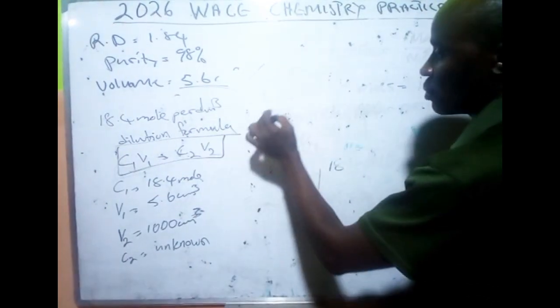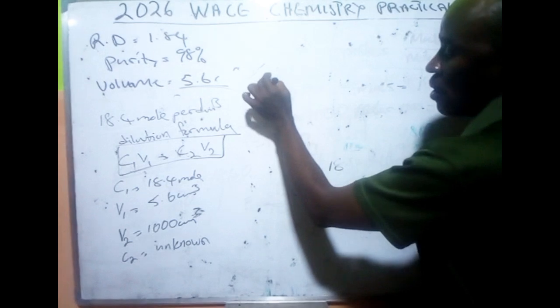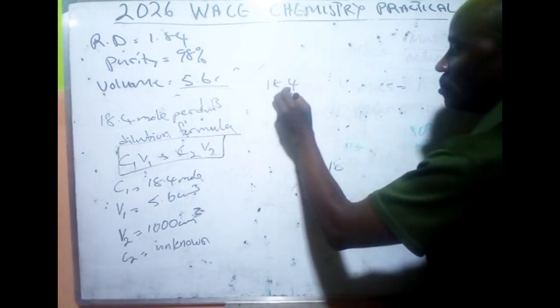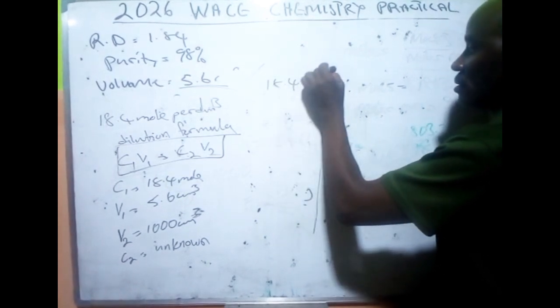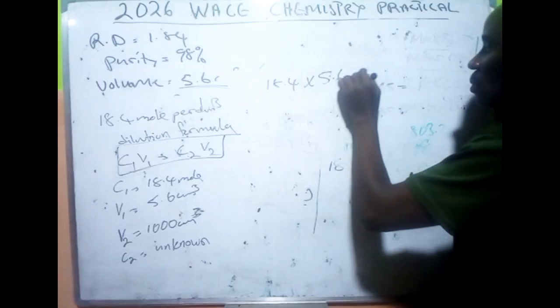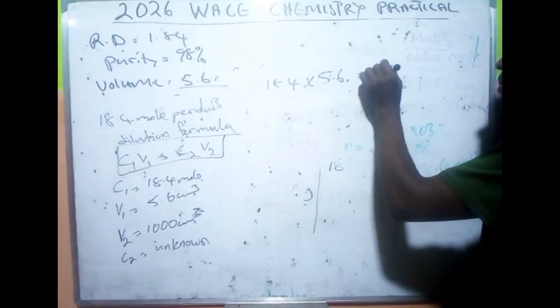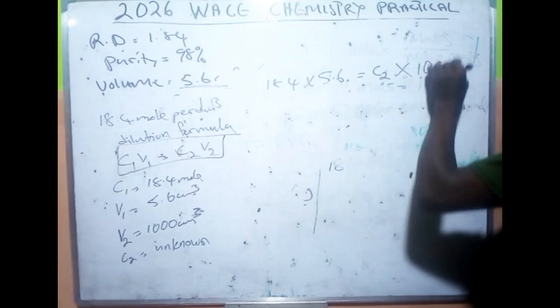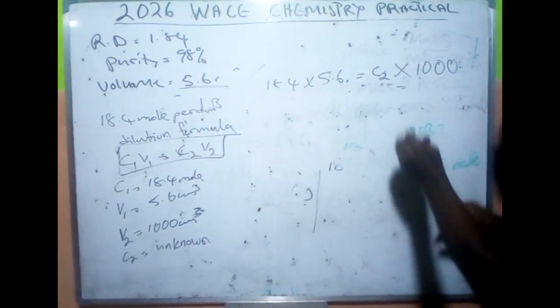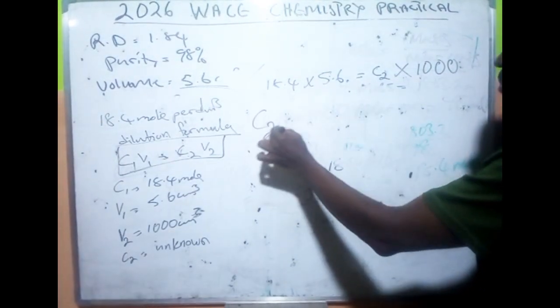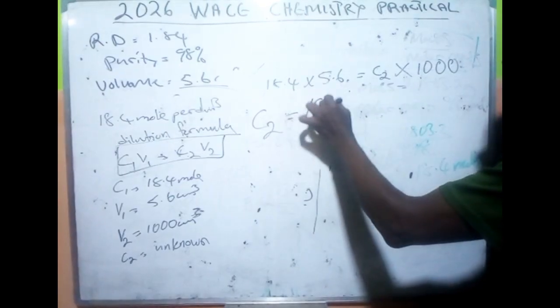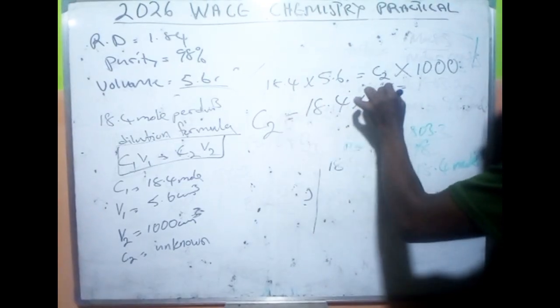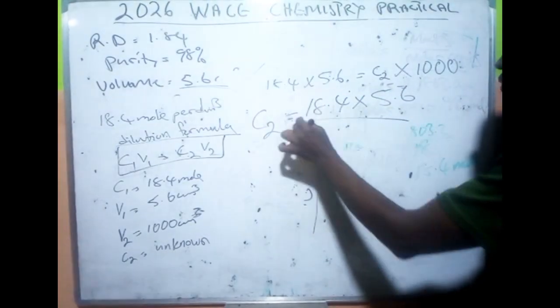What we're going to do now, if you substitute, we have 18.4 times 5.6 equal to C2 times 1000. So if we make C2 the subject of the formula, we'll have 18.4 times 5.6 all over 1000.